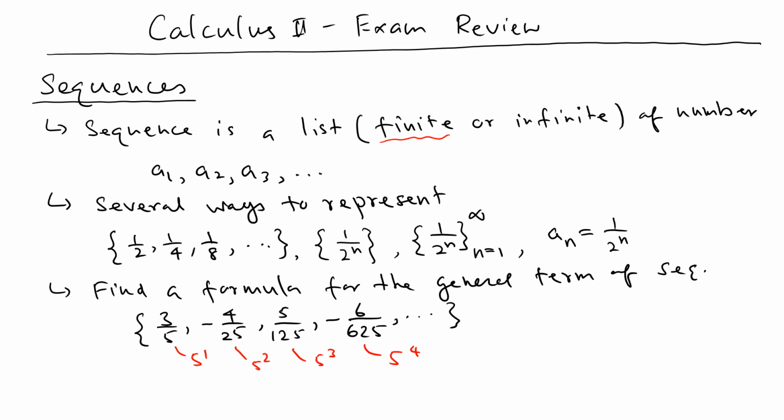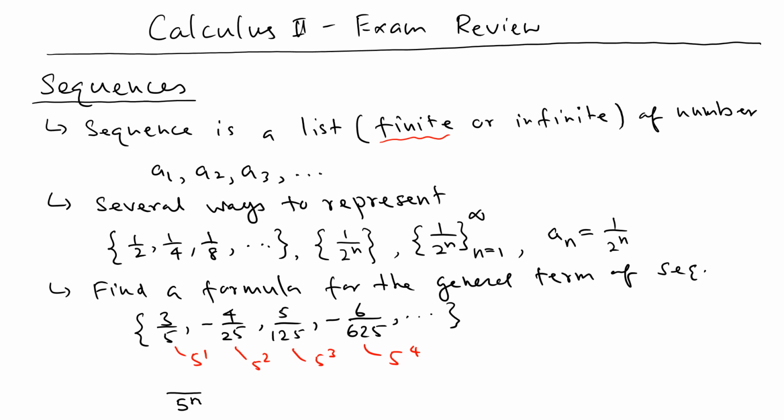So if you index from 1, the nth term's denominator can be simply 5 to the n. The first one has index 1, the second has index 2, the third has index 3, like that, and you can see that it exactly matches the index.